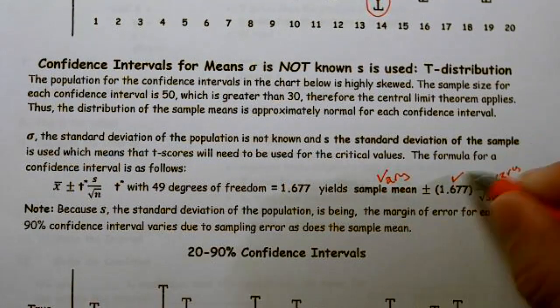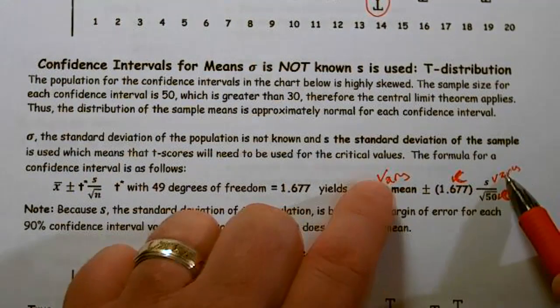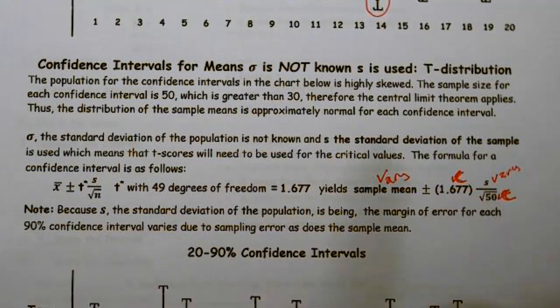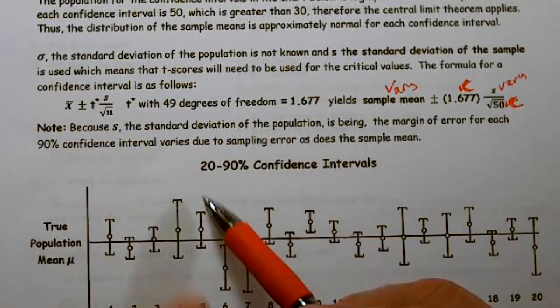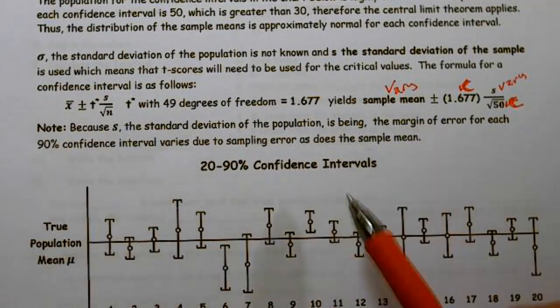So I probably should have labeled these as C for constant, C for constant. Those aren't going to change. But that's going to vary and that's going to vary. But because this can get smaller or wider, I'm going to have some very narrow intervals and then some really wide intervals because some are going to be spread out and some are going to be narrow. Now, once again, this is a 90% confidence interval.